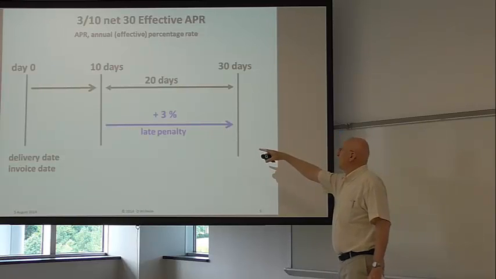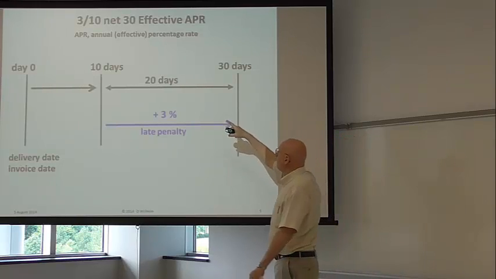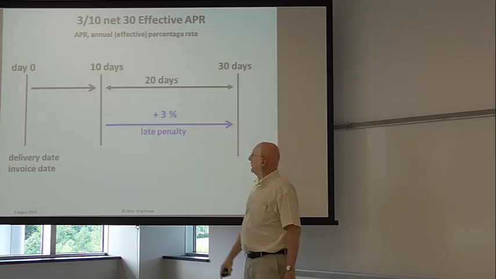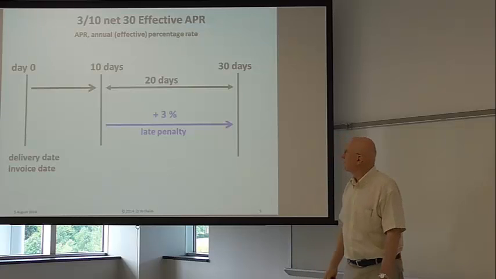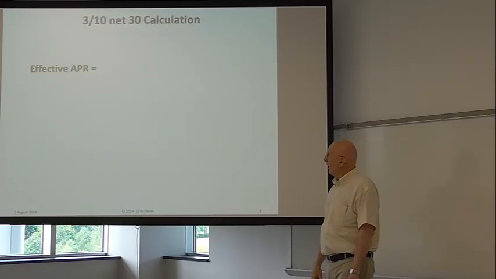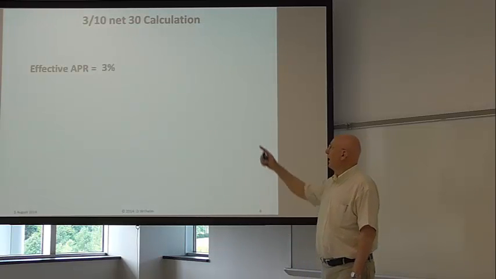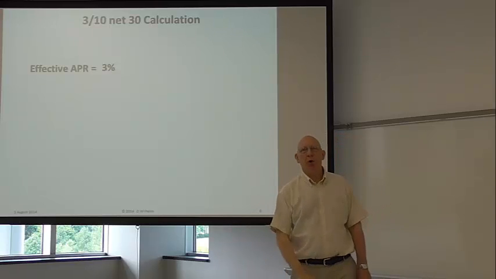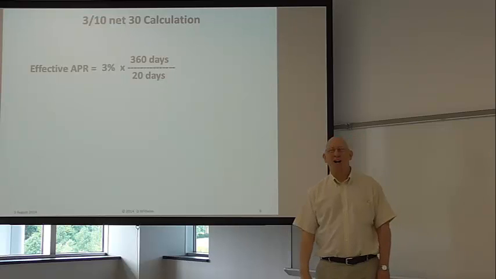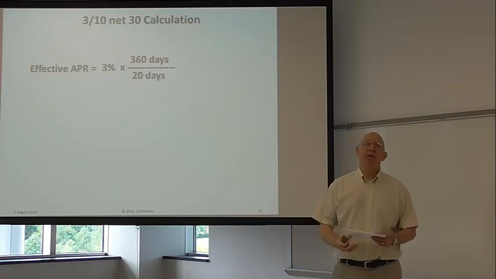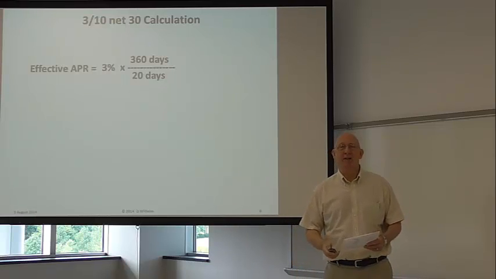So if we have a 3% penalty for a period of 20 days, what is the annual percentage rate? To calculate that, we take the percentage rate and multiply it by 360 days over 20 days.